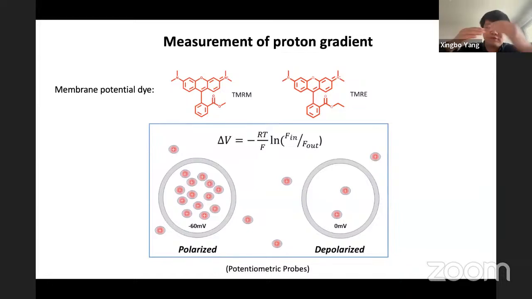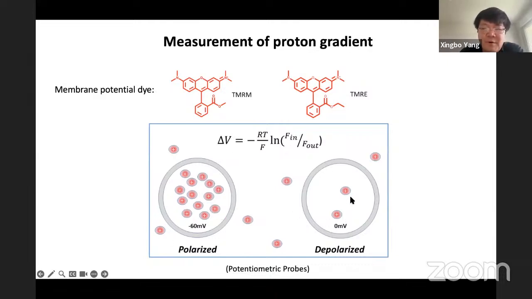Because of the proton pump that establishes a proton motive force and therefore a membrane potential gradient, the dye accumulates differentially into these two compartments. The in and out have different accumulation because they have different electric potentials, and this equation gives you the membrane potential difference across the membrane.